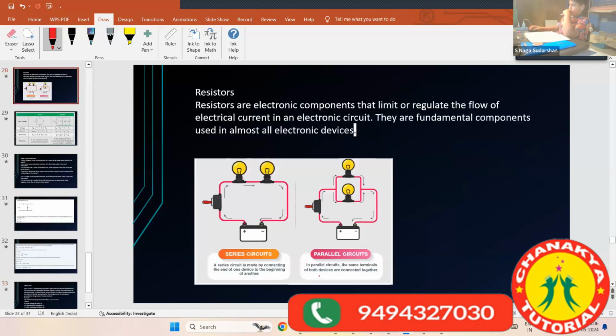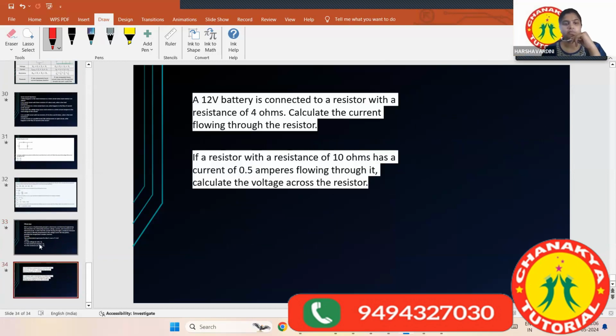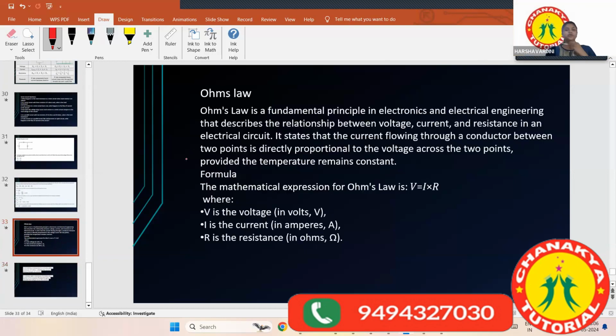So what is Ohm's law? Now, you all are aware of what a resistor is. Ohm's law is a fundamental principle in electronics and electrical engineering that describes the relationship between voltage, current, and resistance in an electric circuit.